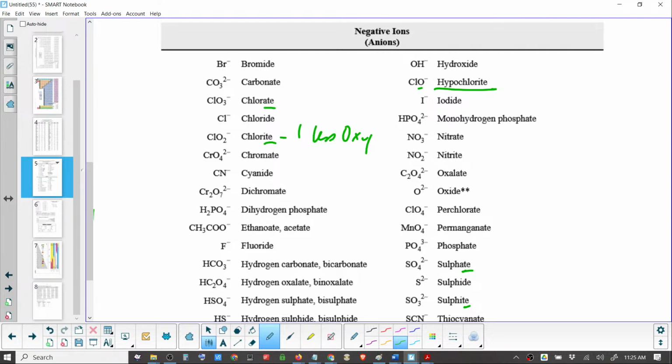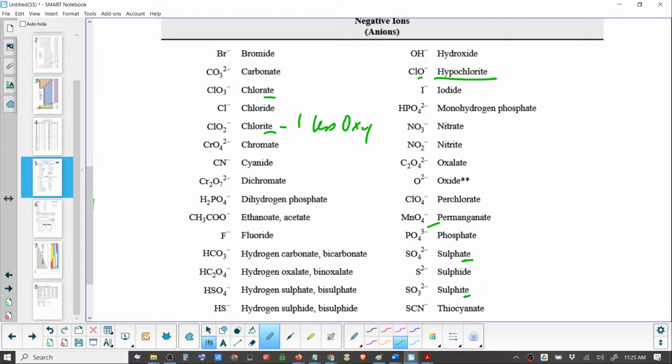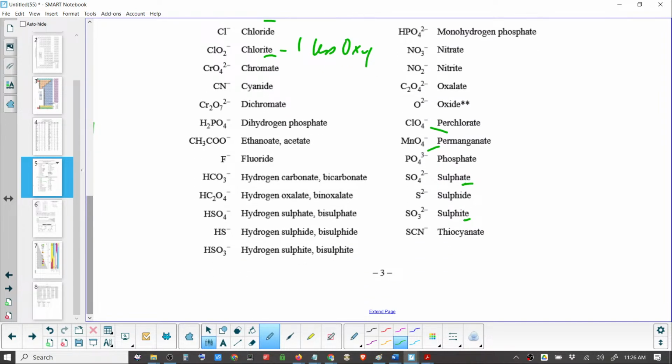And then if you see the word per in front of it, as in perchlorate, that means one more than standard. So, for example, sulfate is on here, but persulfate isn't. But if persulfate was on here, it would be SO5 minus 2. It would have one more oxygen because we put the per in front. So there are clues in the names as to the formula. If you know one of them, it usually works out that you know them all.